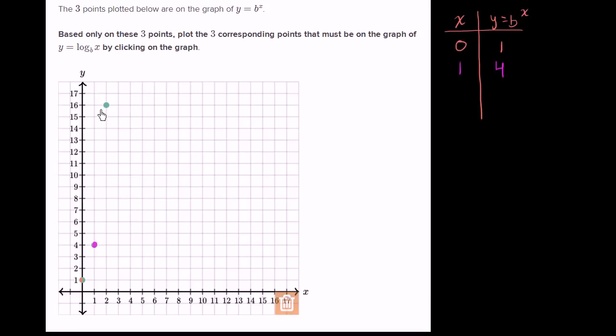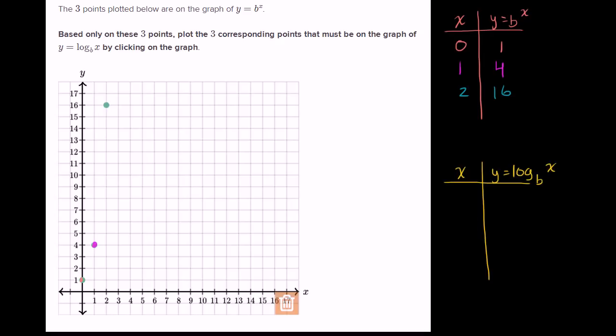And then this point is telling us that b to the second power is equal to 16. So when x is equal to 2, b to the second power, y is equal to 16. Now we want to plot the 3 corresponding points on this function. So let me draw another table here. So now it's essentially the inverse function where this is going to be x, and we want to calculate y is equal to log base b of x.